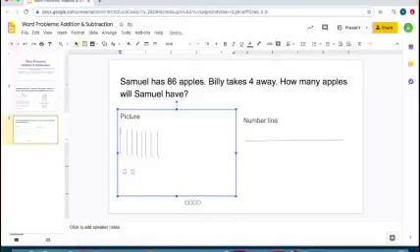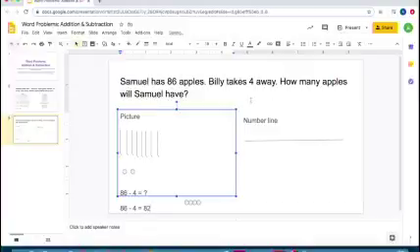So Samuel would have 82 apples. The number sentence that goes along with this problem would be 86 minus 4 equals question mark. Remember that when we are writing a number sentence to go along with the problem, we want to include the numbers that are in that problem.